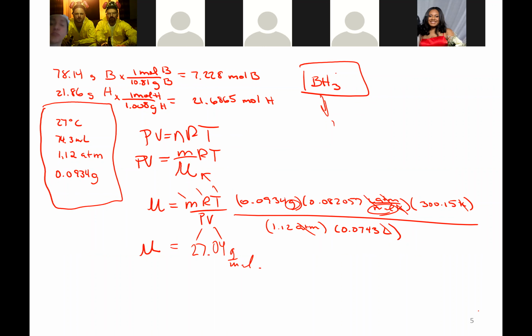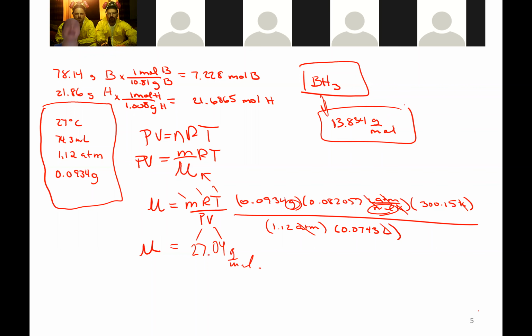13, maybe, some 13 point something. 13.834 grams per mole. Thank you. Okay, now that is the mass of the empirical formula, like Justin said. Then we take the molar mass of the real thing and divide it by the mass of the empirical to see how many times the empirical fits into the molecular.